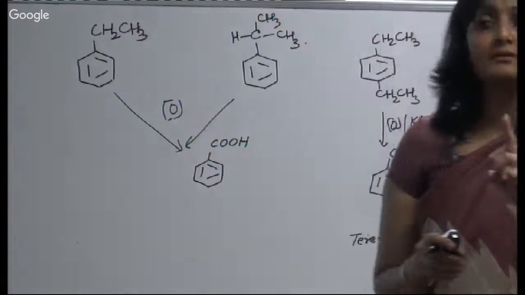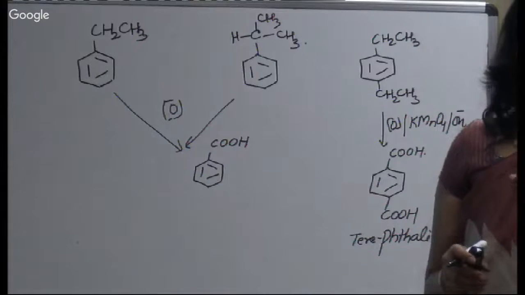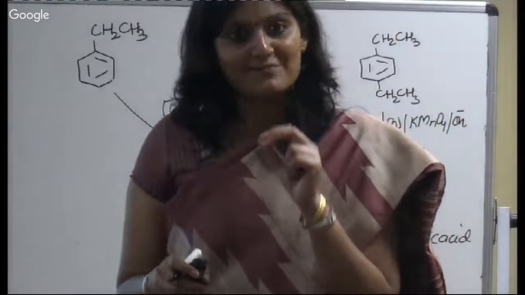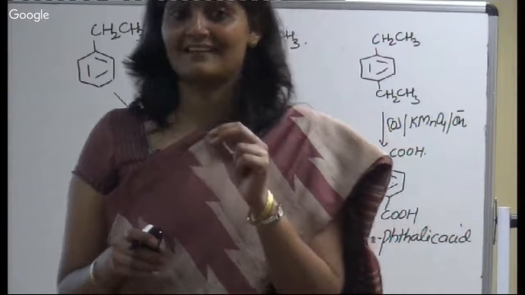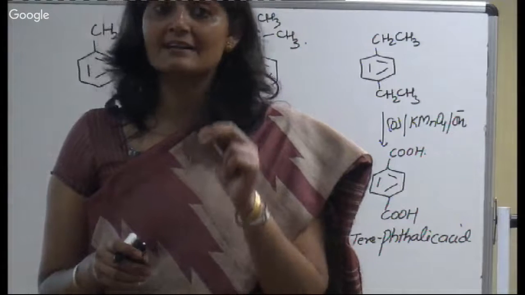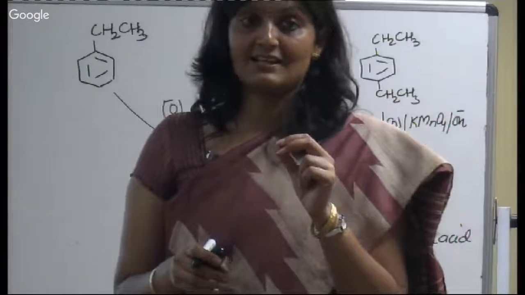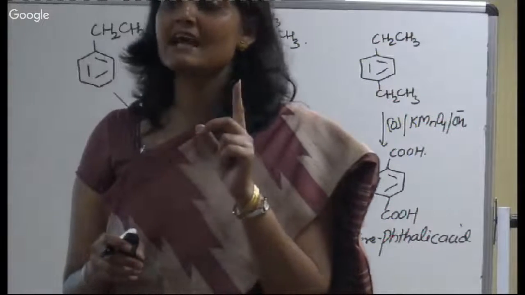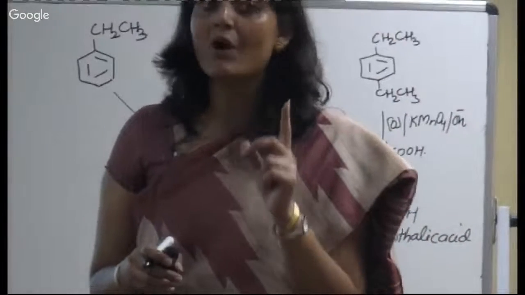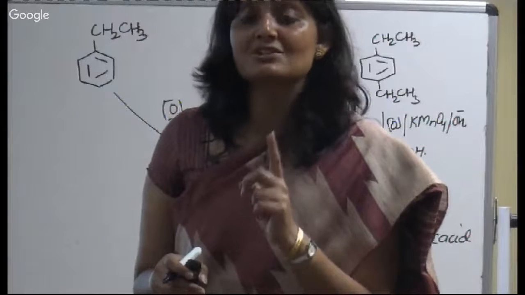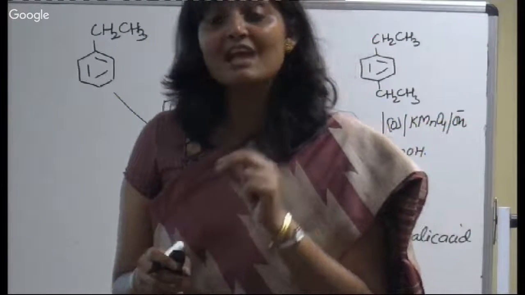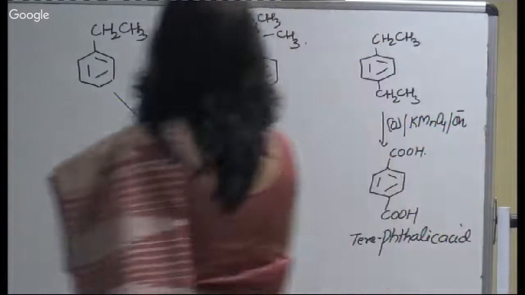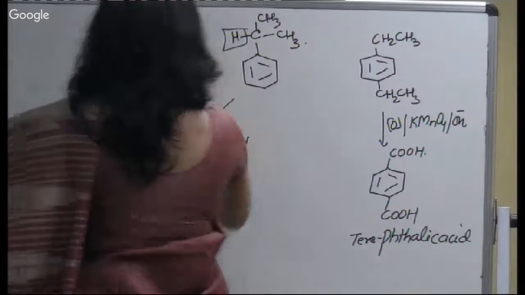One very important thing that you have to remember here, only those alkyl chains which are primary or secondary can be oxidized under these reaction conditions. If you have a tertiary alkyl chain, it cannot be oxidized under these reaction conditions because the primary condition for oxidation to take place under these conditions is the presence of a hydrogen attached to this carbon, the alpha carbon.